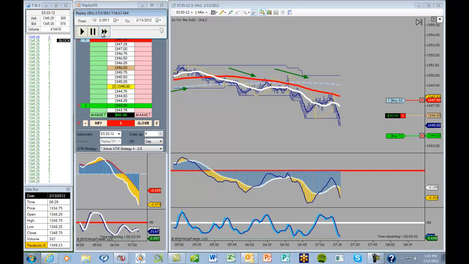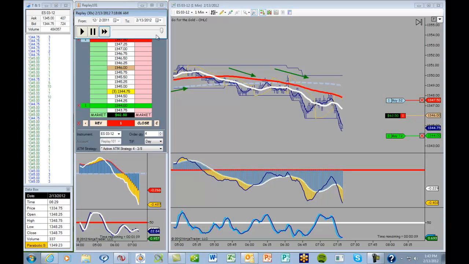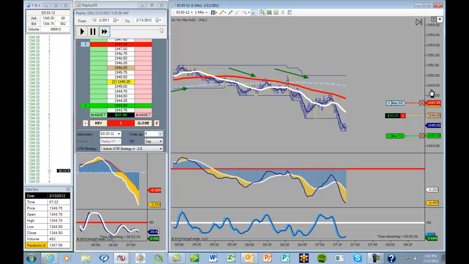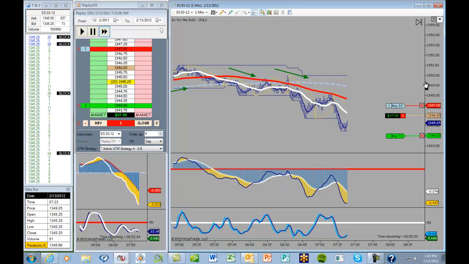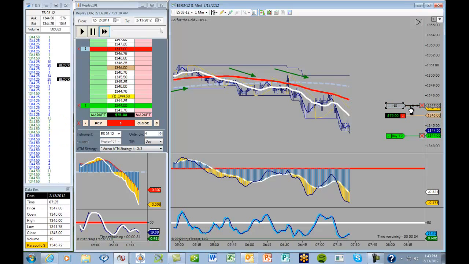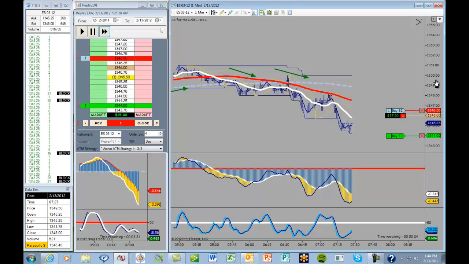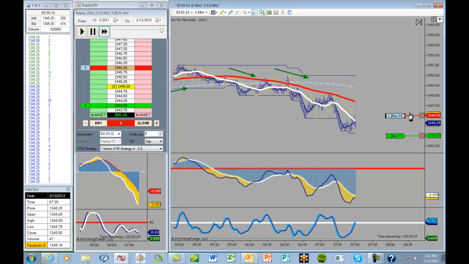Boom, hit the first target, move the stop. We're going to hit that second target or stop ourselves out. Looks like probably going to get stopped out, but who knows.